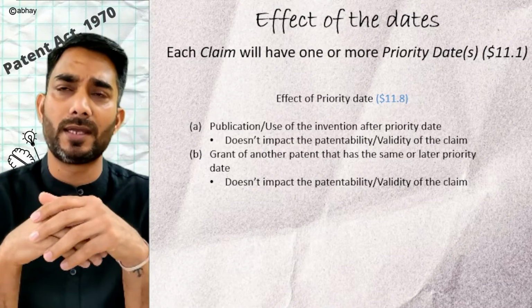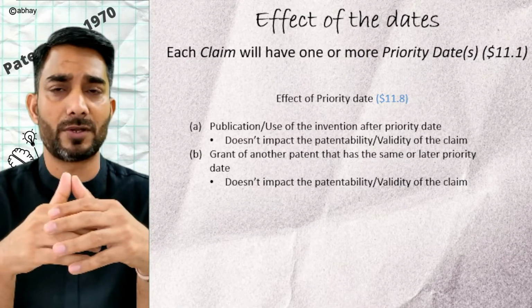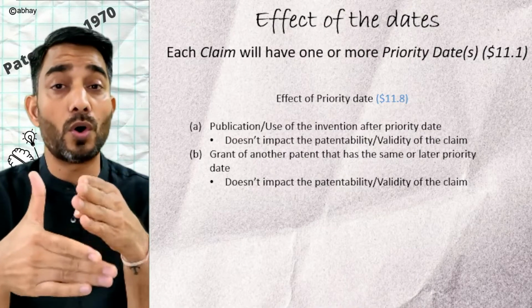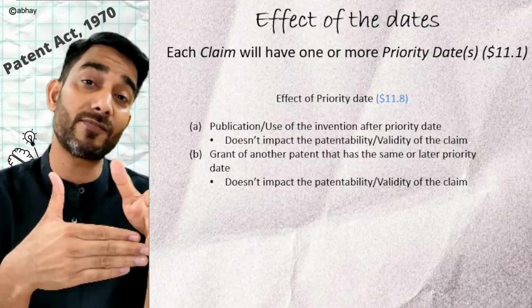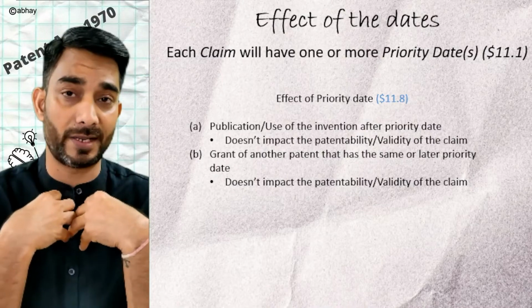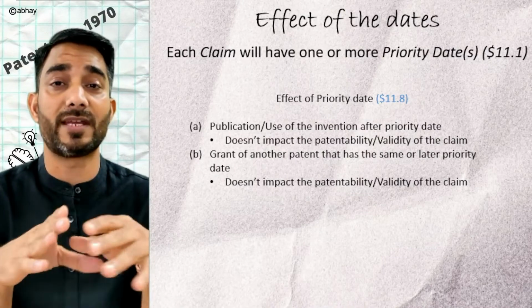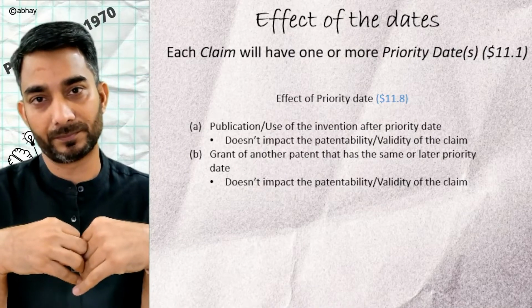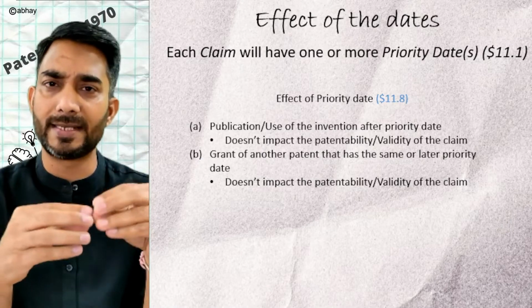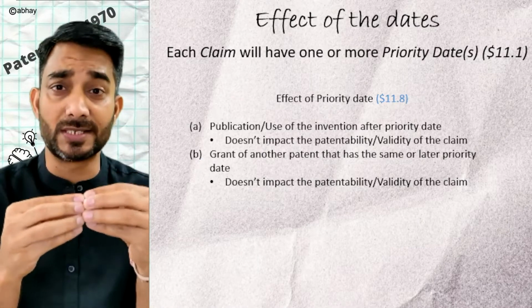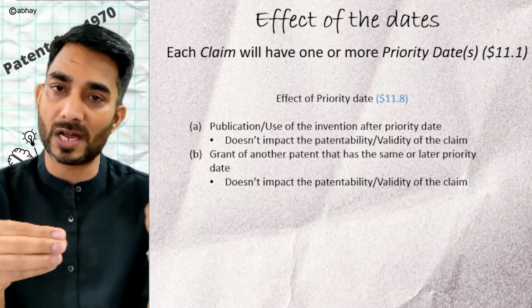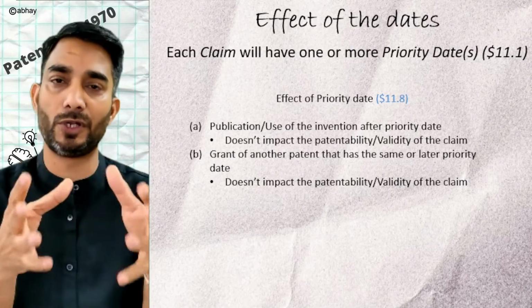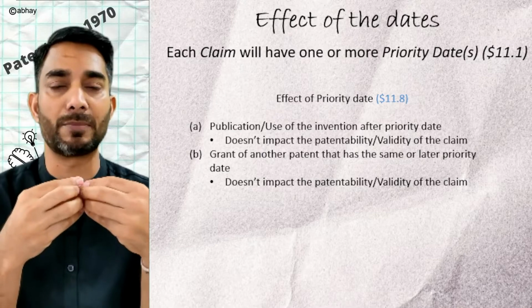Similarly, any patent application filed on or after the priority date of our claim will not have any impact on the validity of it. All in all, anything which is done on or after the priority date of our claim will not have any negative impact on the patentability requirement of our invention.